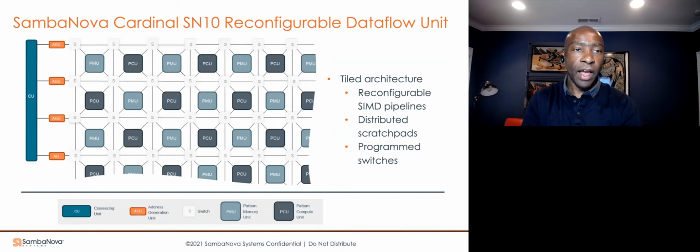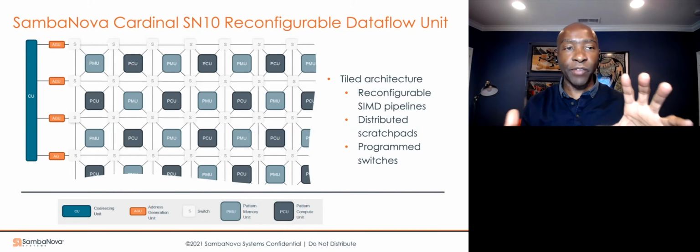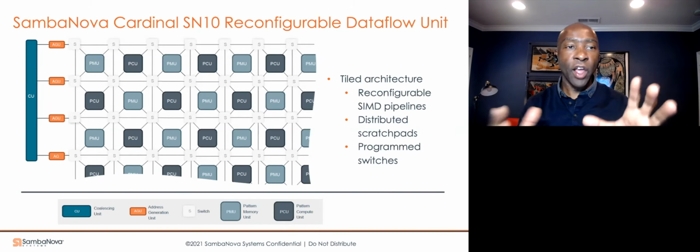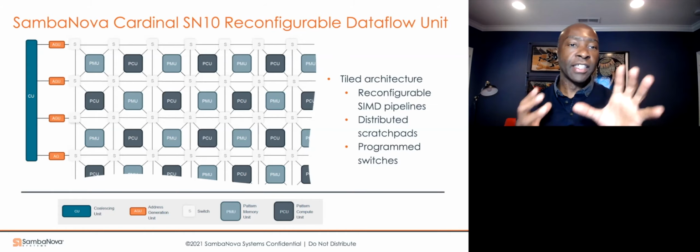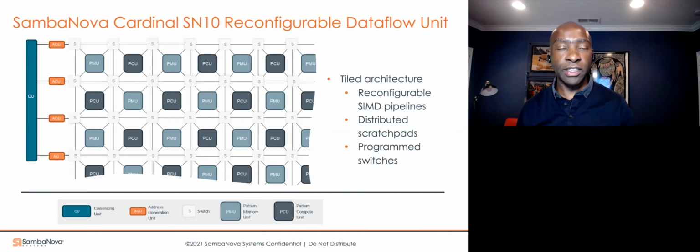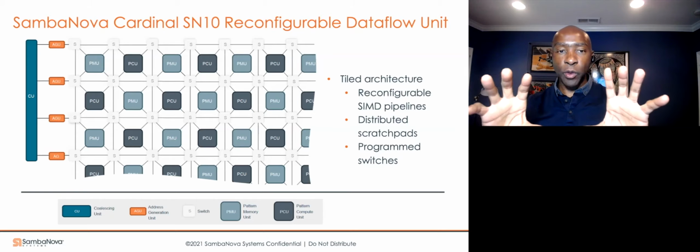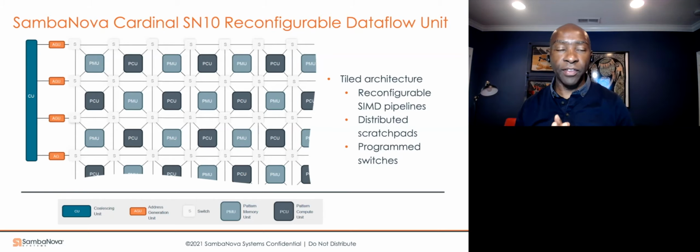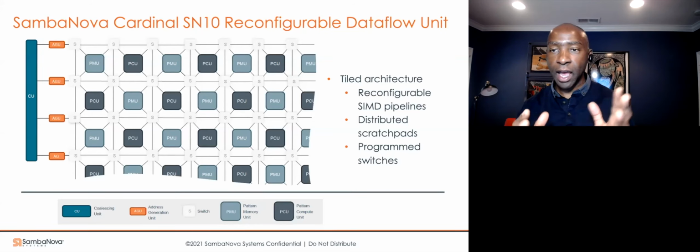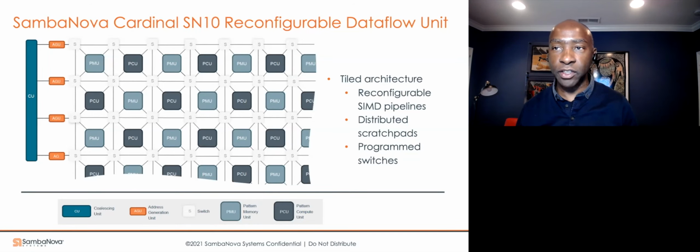This is key because you can be very efficient: you are configuring instead of executing instructions, so you don't have the overhead of fetching, decoding, and dispatching instructions every cycle. And because you configure the data flows between the different components, you make the communication very efficient, and you don't need to go on and off chip to access memory to provide the communication between the different kernels. We'll see how this makes things a lot more efficient in just a moment.